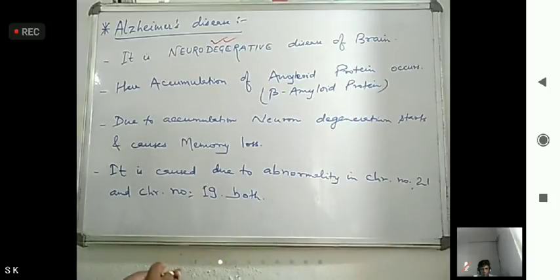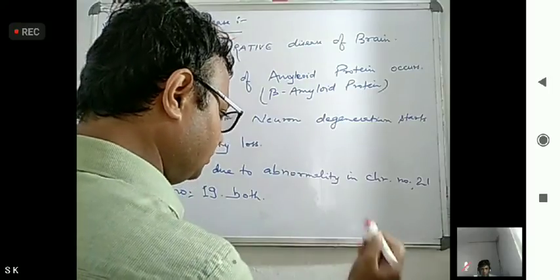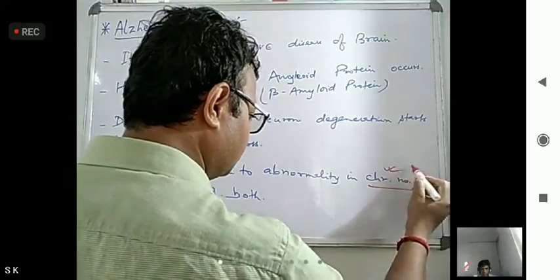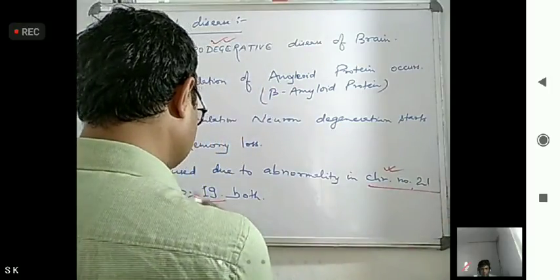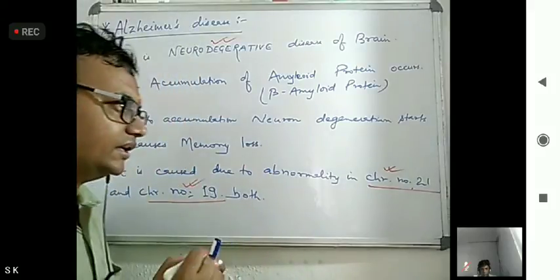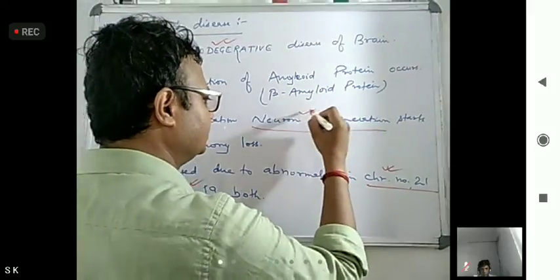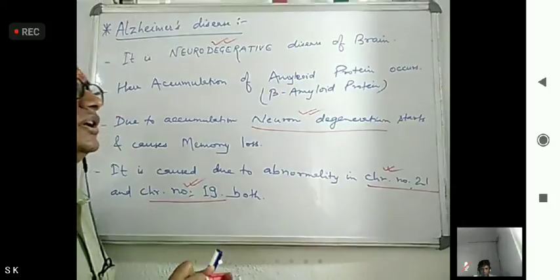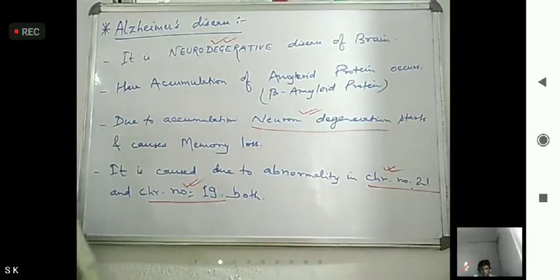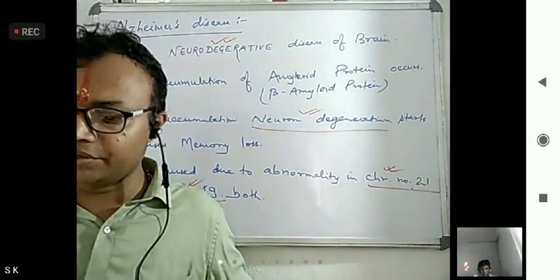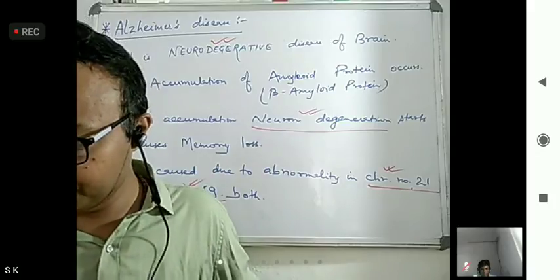Okay, so problem occurs in chromosome number 21 and chromosome number 19, and mostly neuron degeneration occurs, and that's why it is known as neurodegenerative disease of brain.